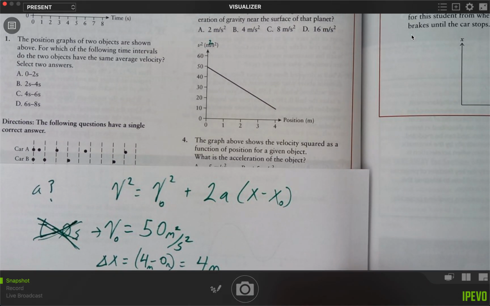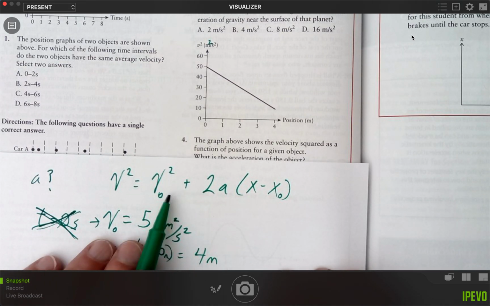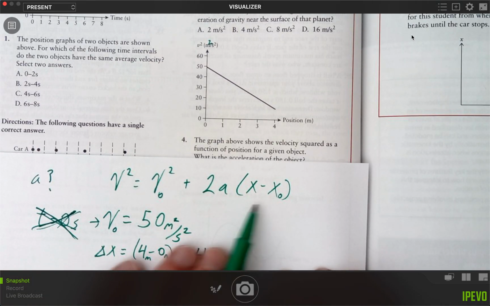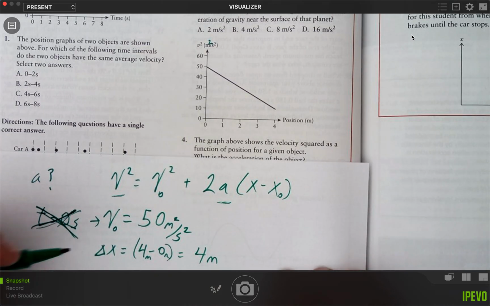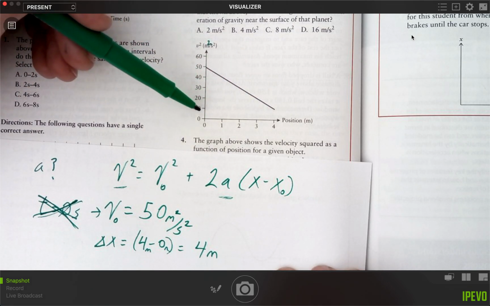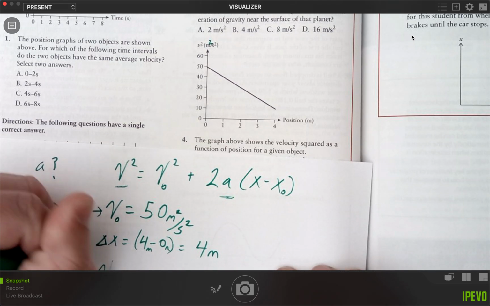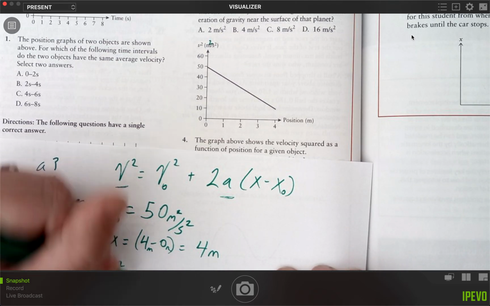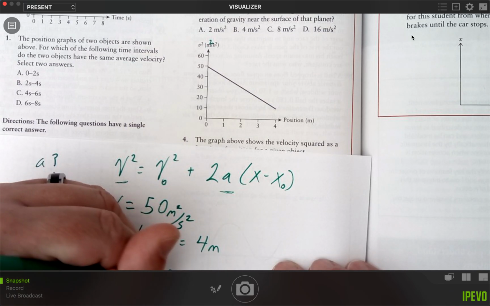I know my initial velocity, I know my change in position, and I'm trying to find this acceleration. So maybe now I can find this v squared at the end of my change in position, which is 10. So my v final squared is this 10 meters squared per second squared.